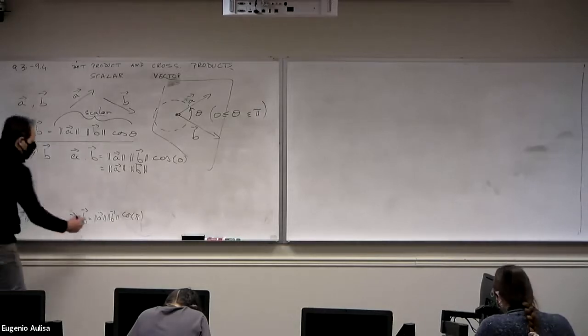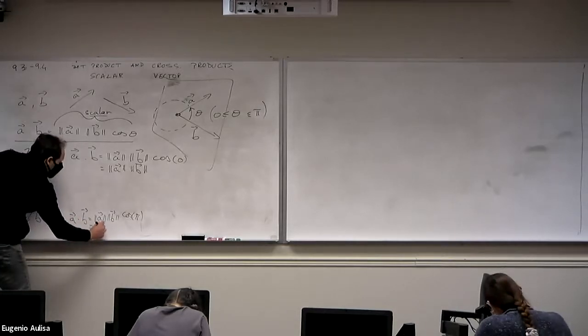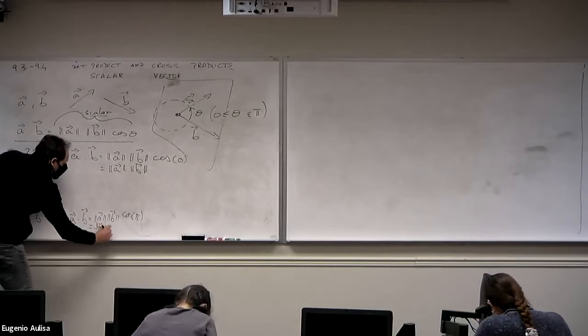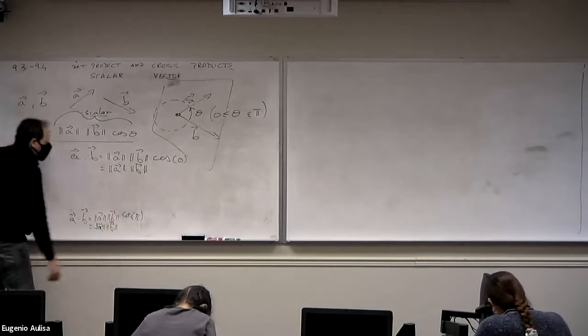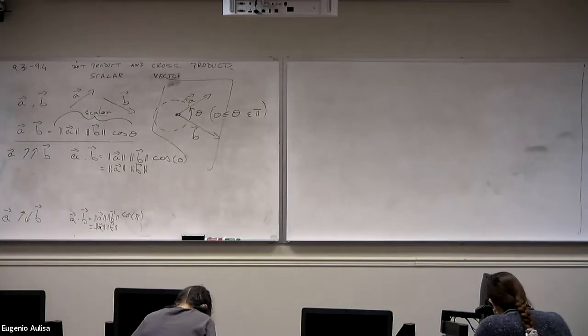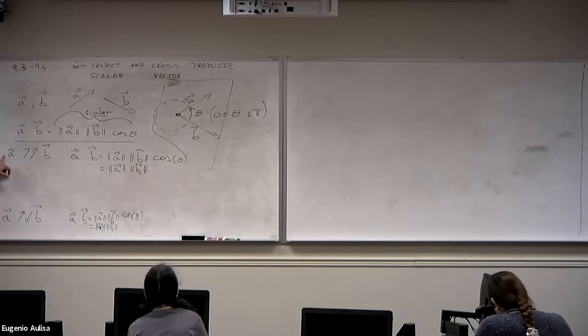So in this case, it's going to be negative A size times B size. So these are the two extrema. Theta is equal to 0, the two vectors are parallel. Theta is equal to pi, the two vectors are anti-parallel. So let's go in the middle.